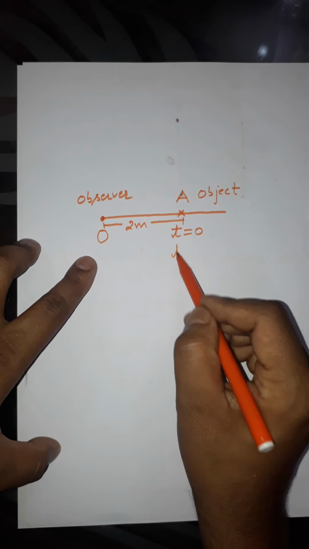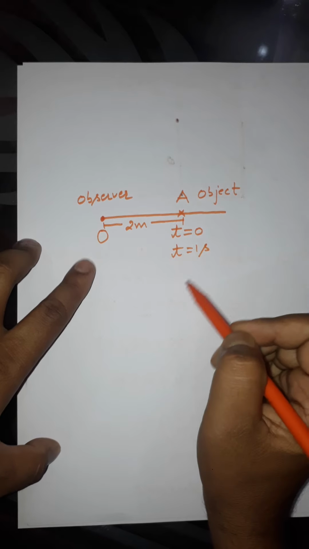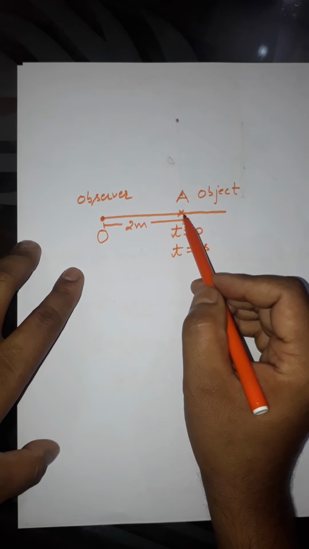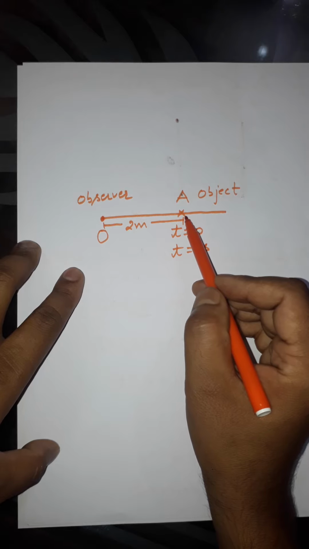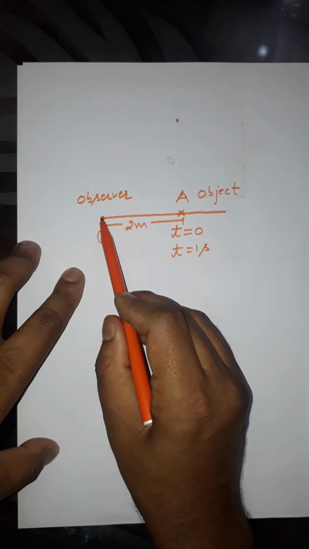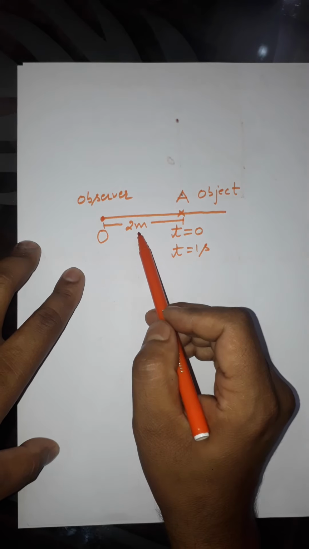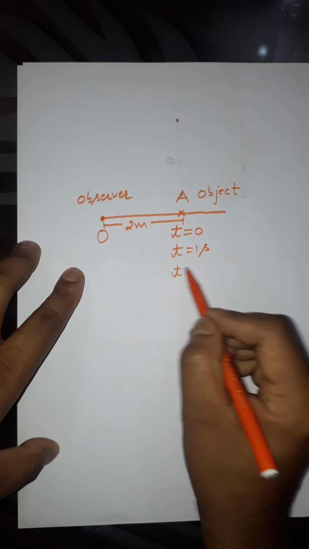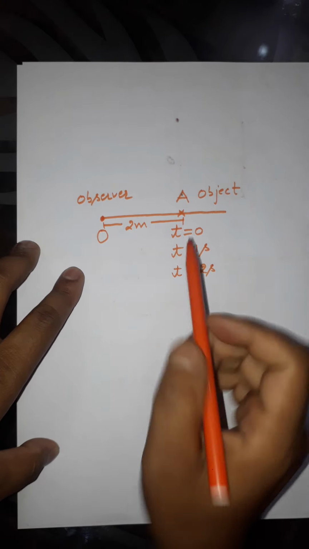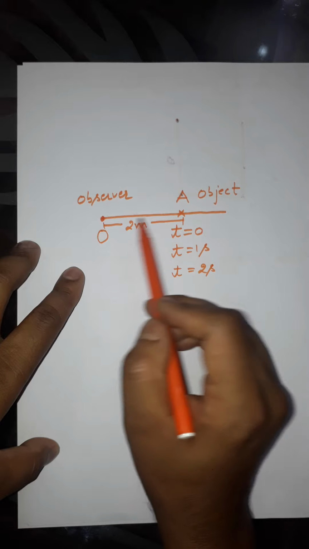Now after 1 second, if we see the object again remain at point A because it is stationary object, it is at rest. So again the distance of the object from the origin or observer will remain 2 meter. For the next second means when time is 2 second, again the object is at point A.